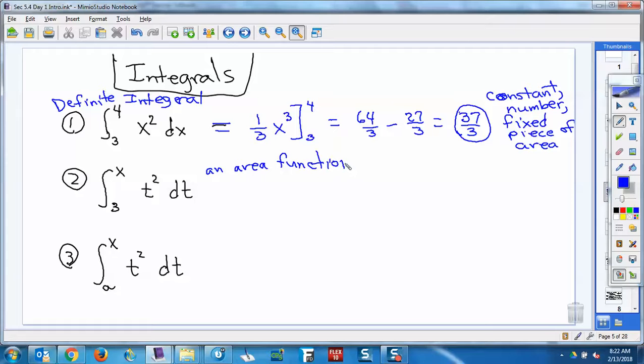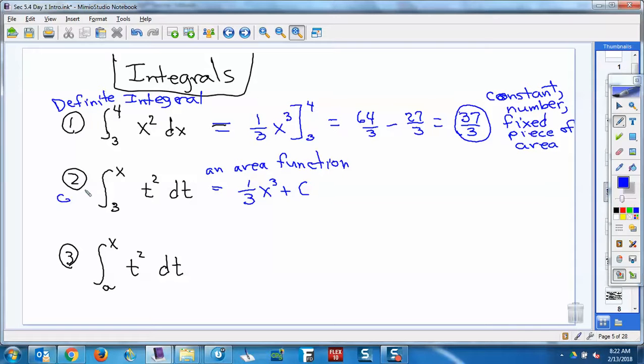Now, can we find the formula for this area function? Sure. How'd we do it yesterday? Isn't this the one with the free initial condition, right? So isn't this 1/3 x cubed plus c? And then how do we get the c?